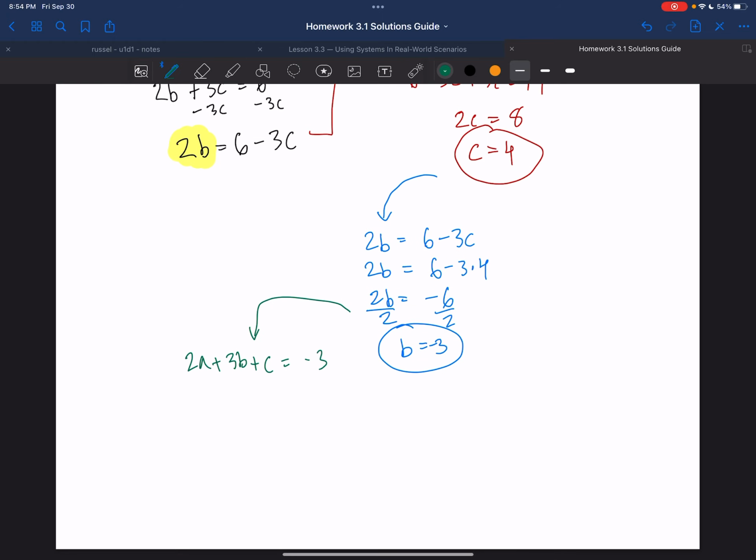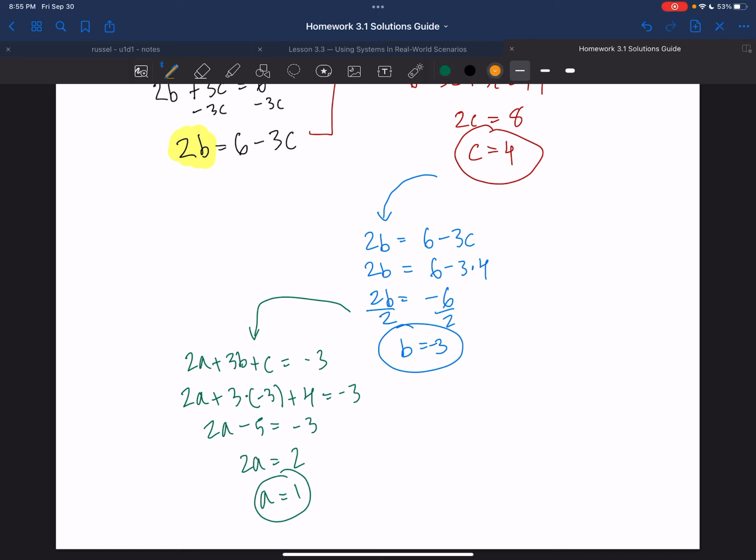So I'll replace my b's and c's. 2a plus 3 times negative 3 plus 4 equals negative 3. So 2a, 3 times negative 3 is negative 9, plus 4 is negative 5. So I'll add 5 to both sides. 2a equals 2, so a equals 1.